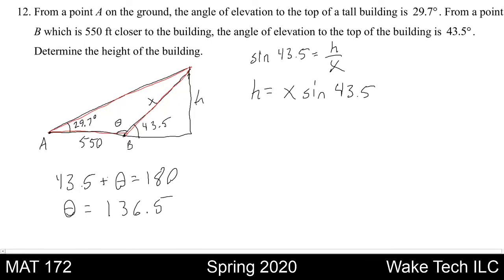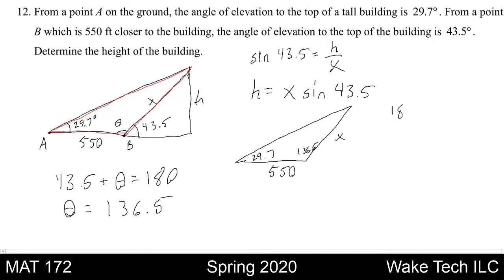Alright. Now that we know that angle, I can draw this triangle off to the side and we can see if we can figure out the rest. Something like that. This is 136.5. This angle is 29.7, and we know this is 550, and our goal is to find x, which is this distance right here. Notice that we have two angles, and that means we can find the third angle simply through subtraction.